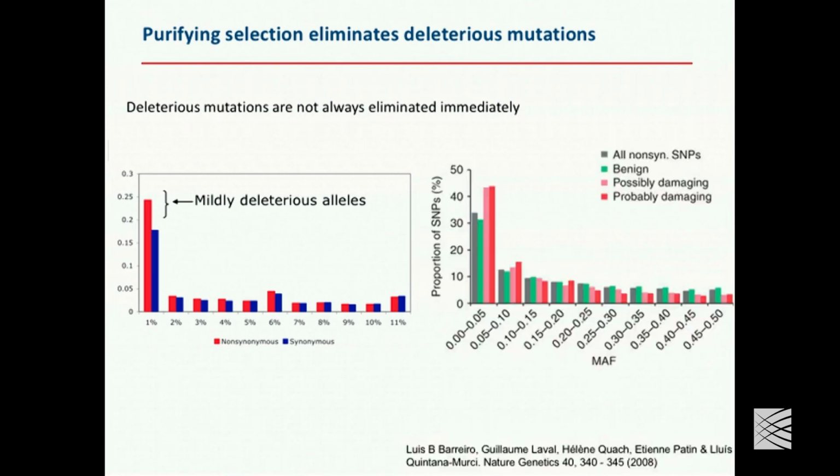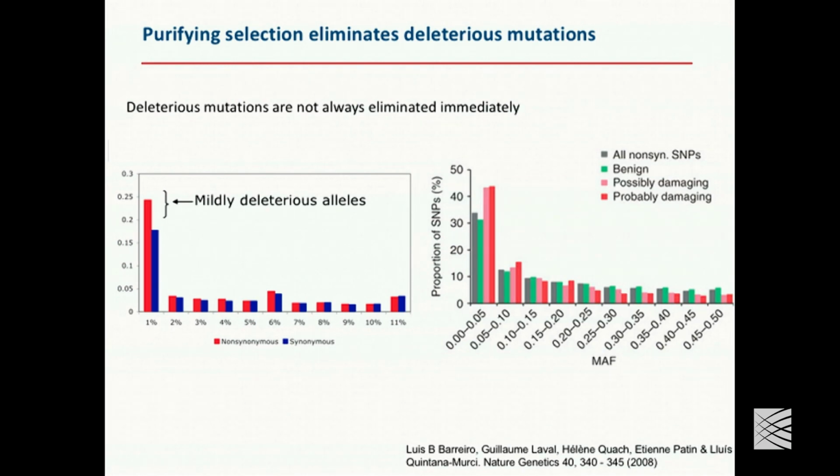You can break it down in other ways. You can look at it in more detail. Here it's broken down into non-synonymous changes that are likely benign, that because of the amino acid change, are unlikely to change the protein structure. Those are shown in green. That's the second column there. And there's not much of an excess there.